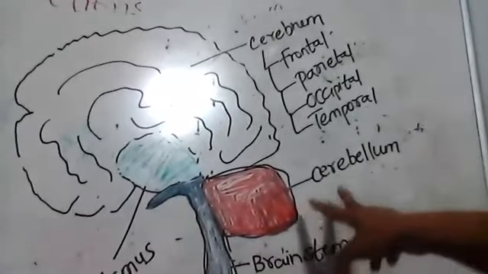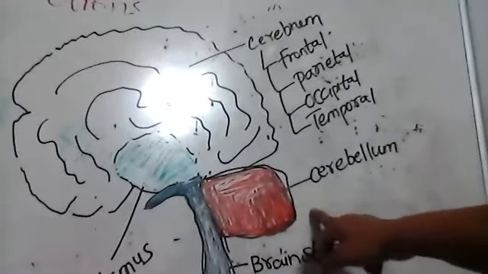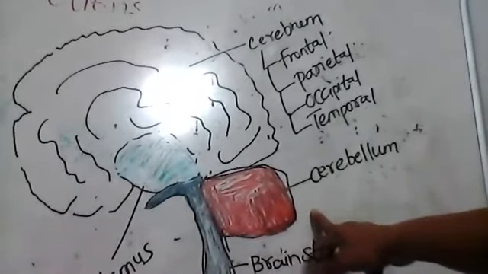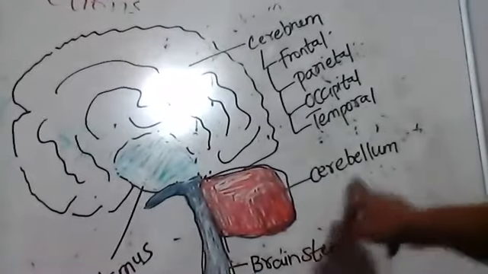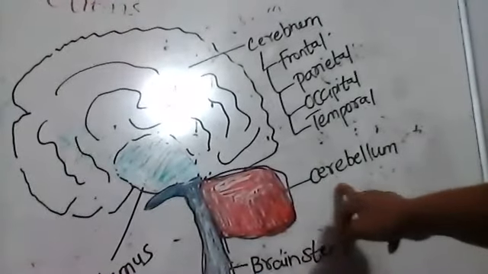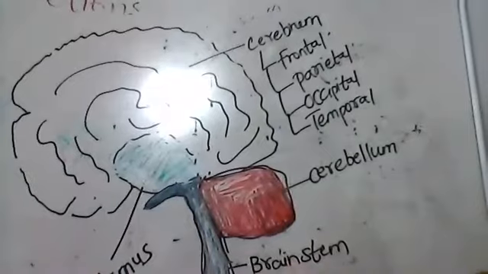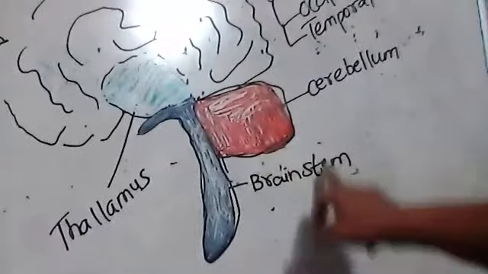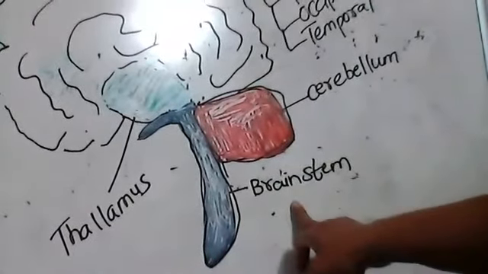Now let's come to the cerebellum. The cerebellum deals with body control, your motion, your muscle motion, and your memory. Then comes your brain stem: your breathing, digestion and circulation are all handled by the brain stem.